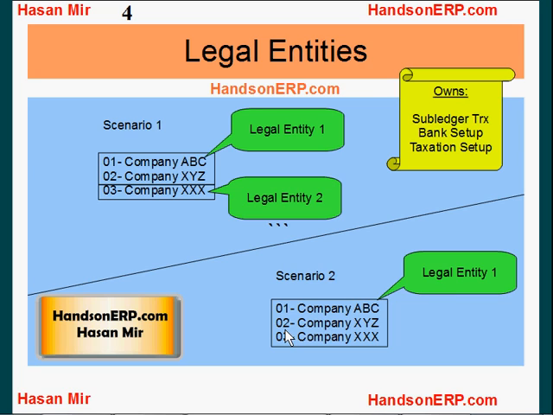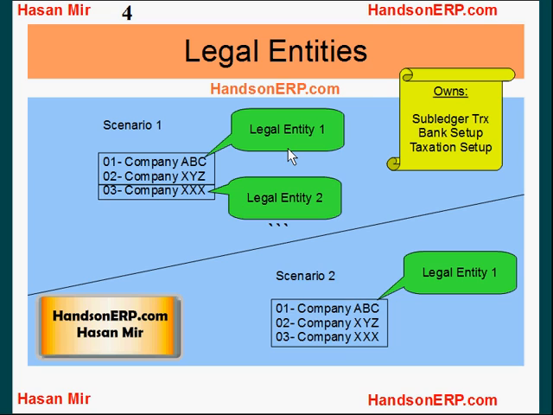So you will associate all these balancing segment values with one legal entity. So the bottom line is that there could be one-to-one relationship between balancing segment values and legal entities, or there could be many-to-one relationship. It all depends on the scenario.